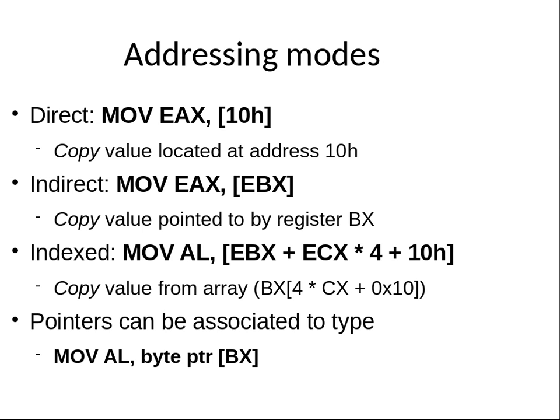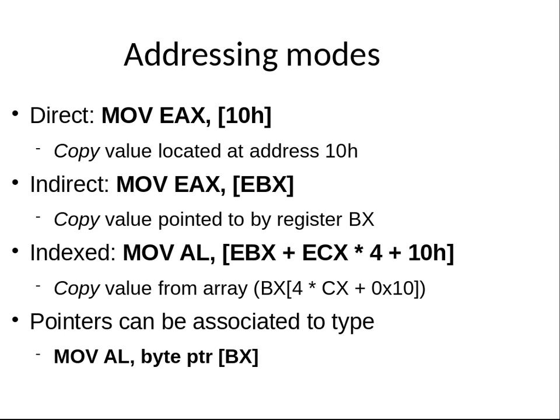For example, if you want to go to address 10 in hex, that's actually address 16, you put solid brackets around it, copy the value located at address 10 hex there, or you can put in a register, which means copy the value pointed to by the register EBX, aka take the contents of EBX, jump to that memory address, grab that information, shove it into EAX.